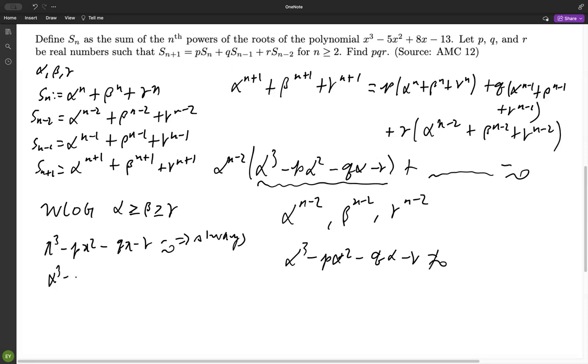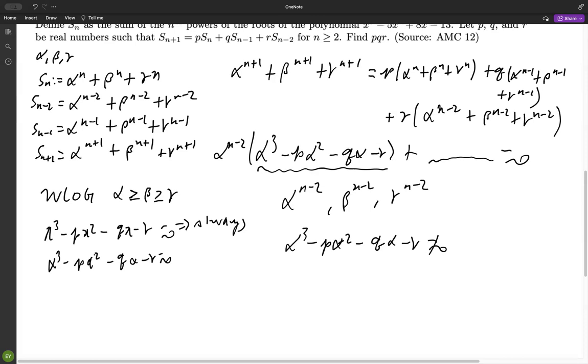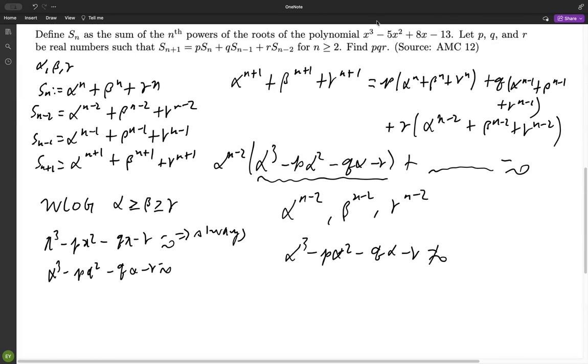So we want this to be true. If this is true, then it will be true for beta and gamma too. And we also know that alpha cubed minus 5 alpha squared plus 8 alpha minus 13 is equal to 0. So these two equations are true.